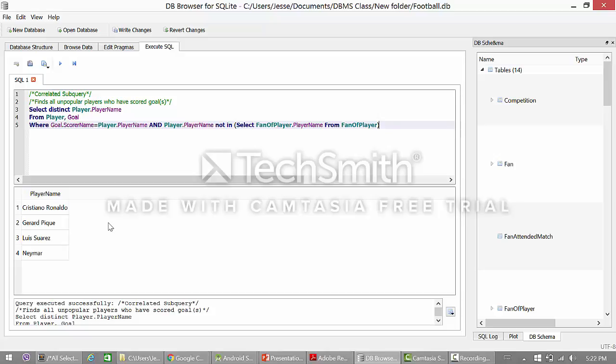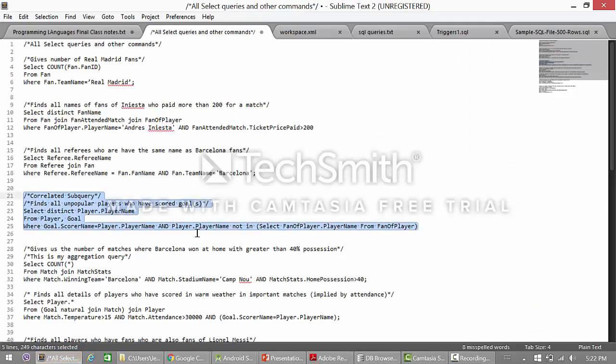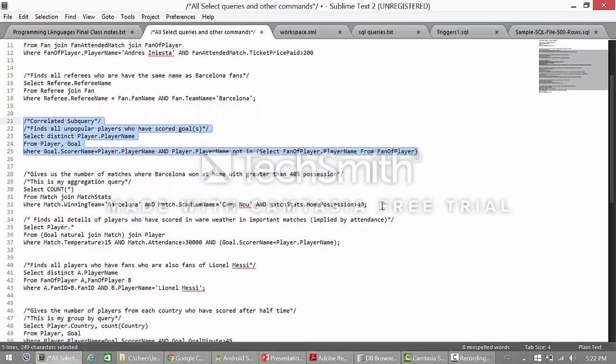So that's a useful query that players and their particular managers can run to analyze how their performances relate to their endorsements, the number of fans that they have, which can be very useful for players when they're deciding on which advertisement to go through. Let us run through a few more queries.